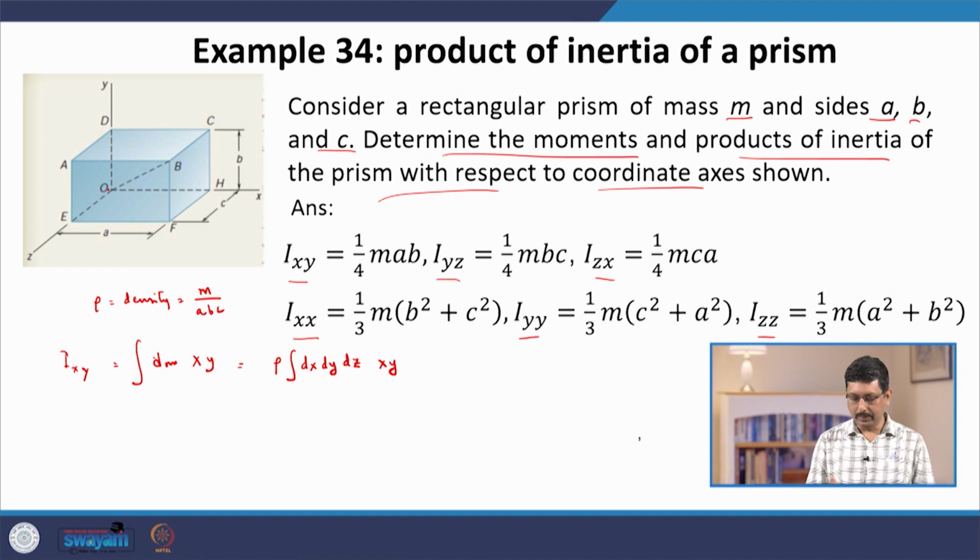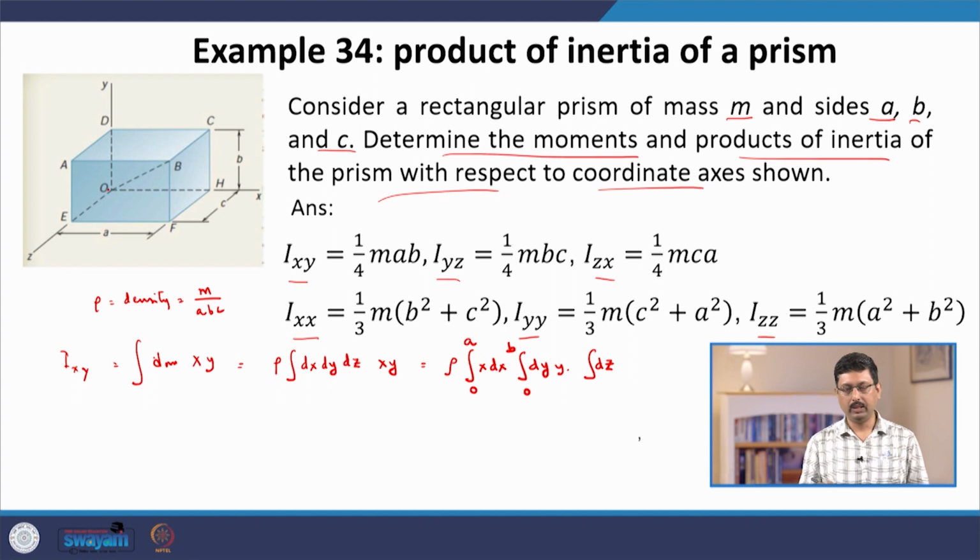So, x, y, z are independently varying variables. So, I can factorize: you have x dx times y dy times dz, and now we put limits. x varies from 0 to a, y varies from 0 to b, note that now y varies from 0 to b, unlike the previous example, and z varies from 0 to c. So, this will give us rho times half a square times half b square times c.